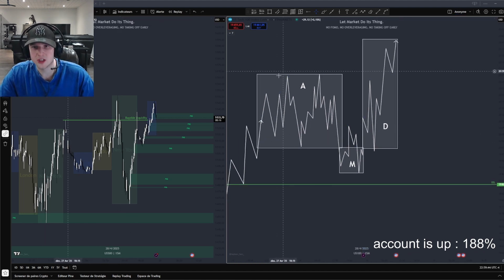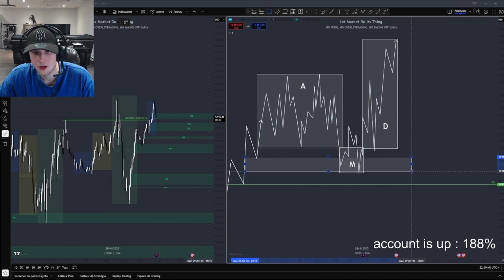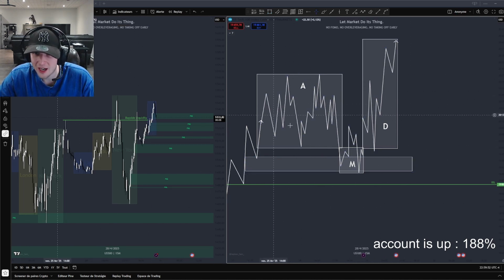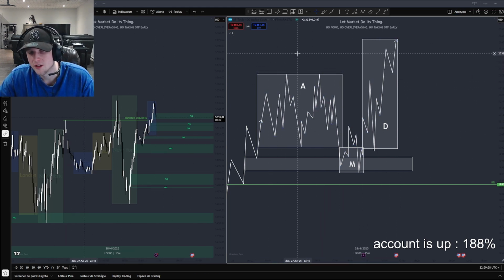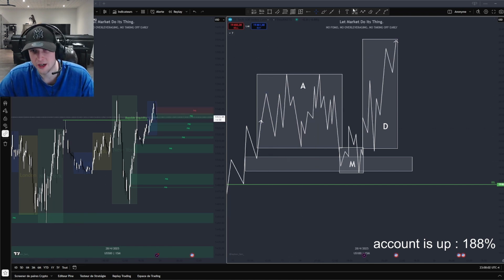And you are bullish, and it starts accumulating, and you have a fair value gap right here. You expect price to go take out the accumulation to then go take out the distribution or these equal highs here. You are bullish. The market starts accumulating here. You can tell on the higher time frame you're bullish.